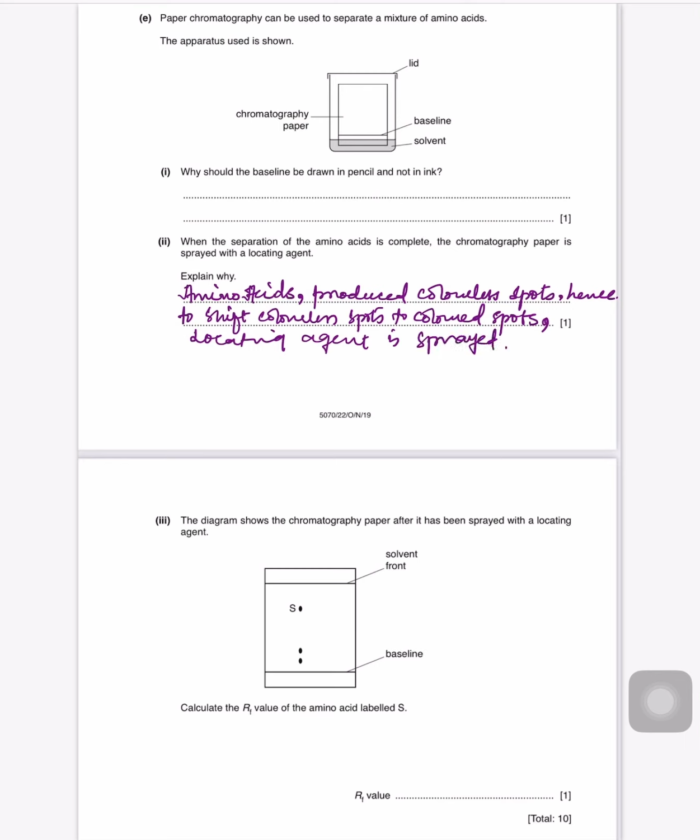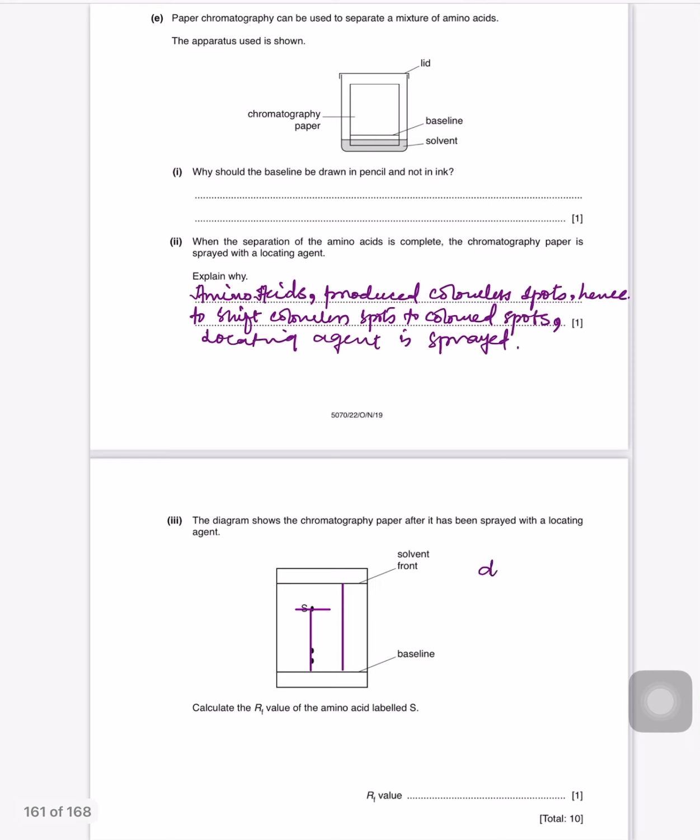What was next? The diagram shows the chromatography paper after it has been sprayed with a locating agent. Okay, done. And then they are saying that it is S and this is baseline. Then they are saying calculate the RF value of S. Okay, so we can discuss how to calculate the RF value. It is the distance traveled by S divided by the distance traveled by the solvent.